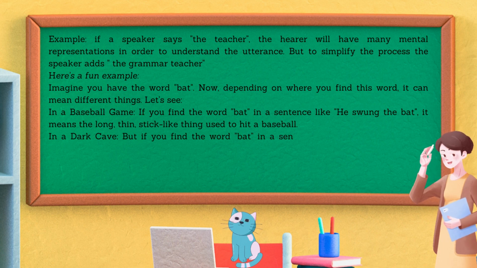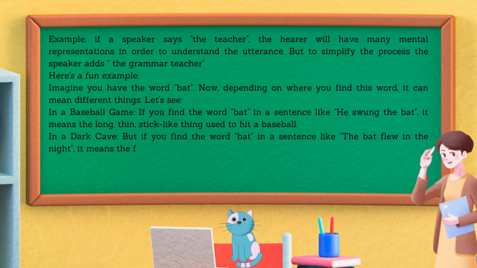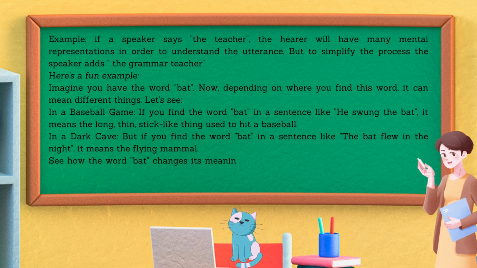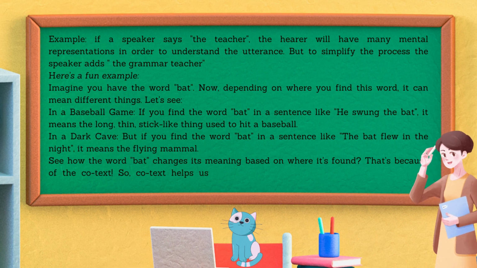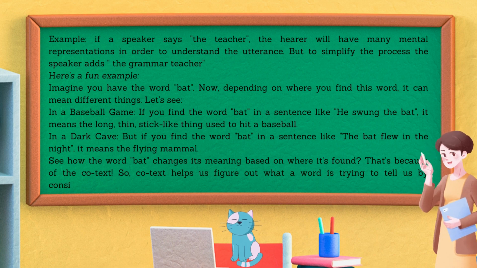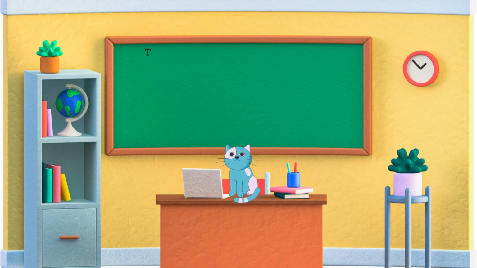But if you find the word "bat" in a sentence like "the bat flew in the night," the bat here is a flying mammal. See how the word "bat" can change its meaning based on where it's found? That's because of context. So, context helps us to figure out what a word is trying to tell us by considering the words around it.